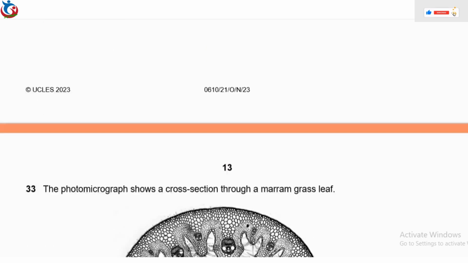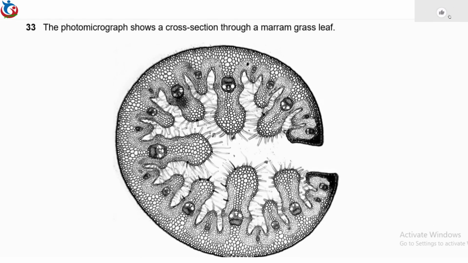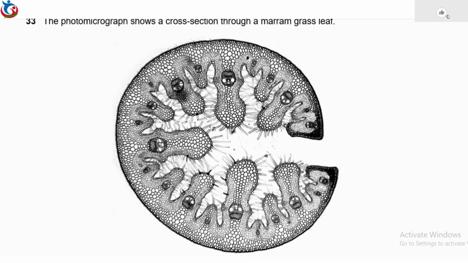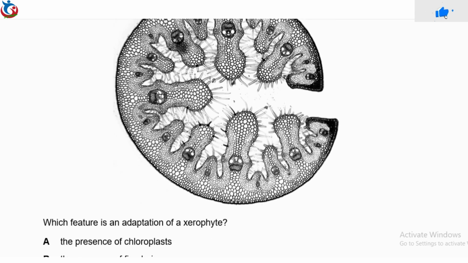Question 33 now says, the pictograph shows a cross-section through a marram grass leaf. Which feature is an adaptation of a xerophyte? If we talk of xerophytes, xerophytes are plants that grow in arid regions like the deserts.